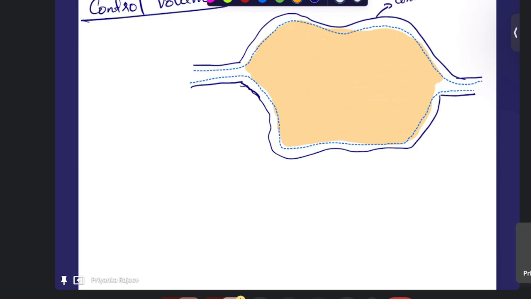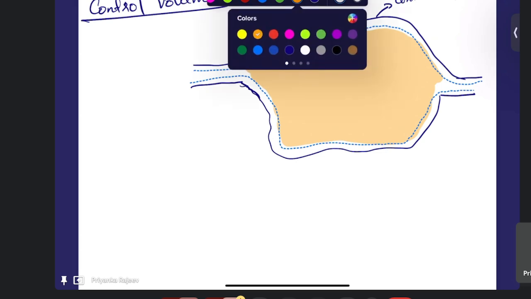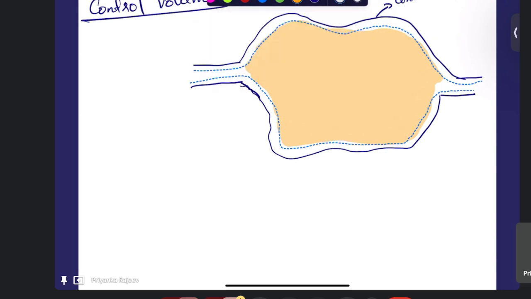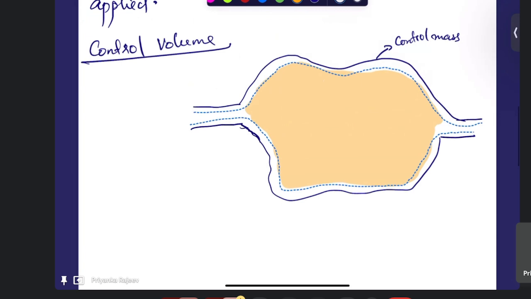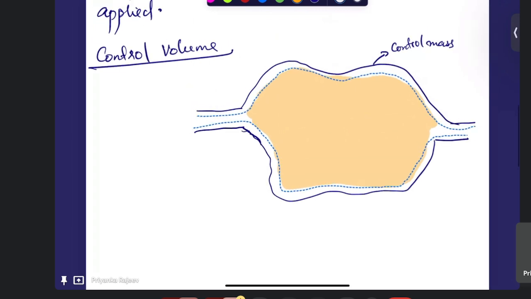Okay, now I'm thinking about a fluid element. First of all, this dotted boundary or dashed line will represent the control volume.